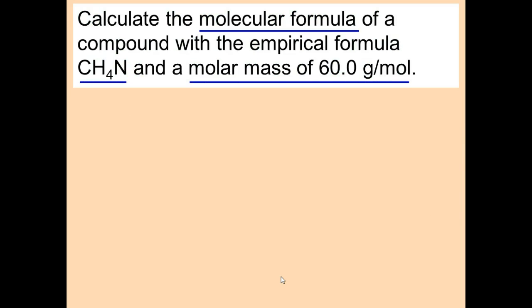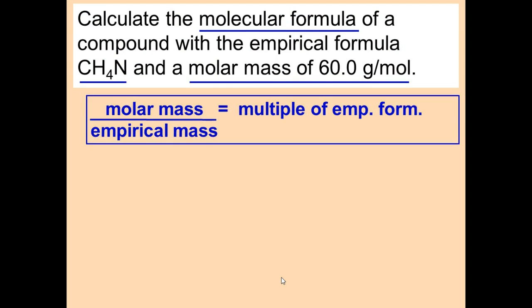Here, the question is: calculate the molecular formula of a compound with the empirical formula CH4N and a molar mass of 60 grams per mole. First, we have to know the formula: the molar mass of the molecular formula, divided by the empirical formula's mass, equals the multiple of the empirical formula.